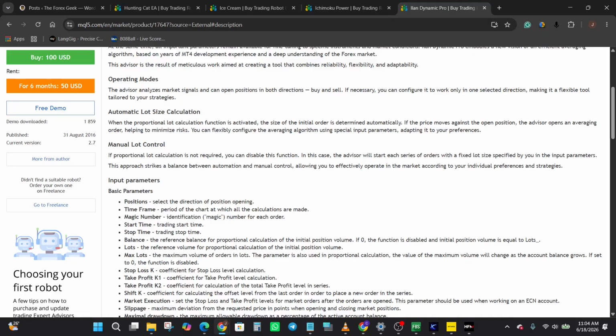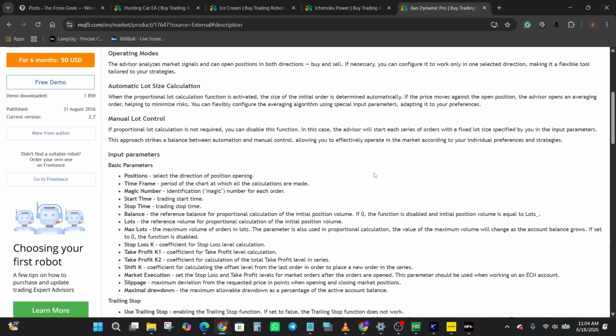For those who prefer more direct control, the EA automatic lot sizing can be disabled entirely. In that case, the EA starts each series using a fixed lot size defined by the trader.